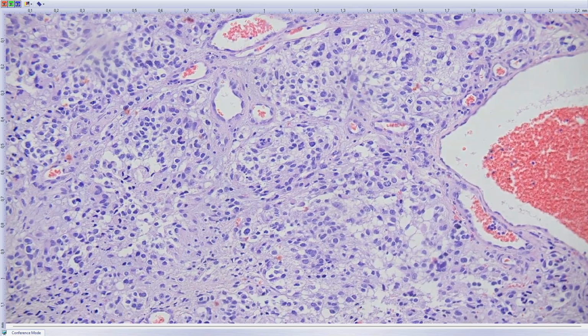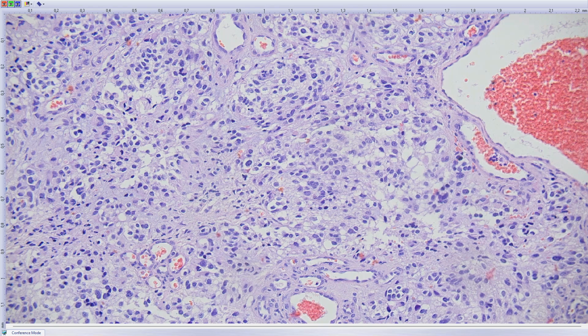But there is a word of caution about cytokeratin staining in brain tumors because there is cross-reactivity between glial fibrillary acidic protein GFAP and cytokeratin cocktails. So you should be very cautious if you've got cytokeratin staining in brain tumor.